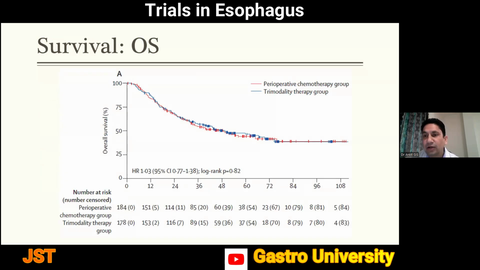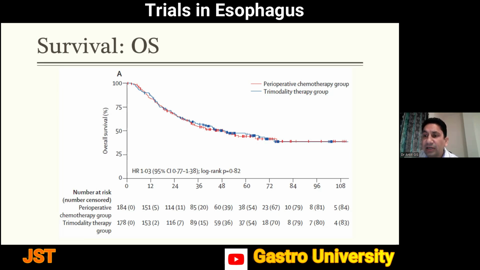Coming to the primary objective of the study, overall survival, both arms did not actually differ in overall survival. The median overall survival was 48 months in the perioperative chemotherapy group and 49.2 months in the trimodality group, which is numerically equal and statistically not significant.